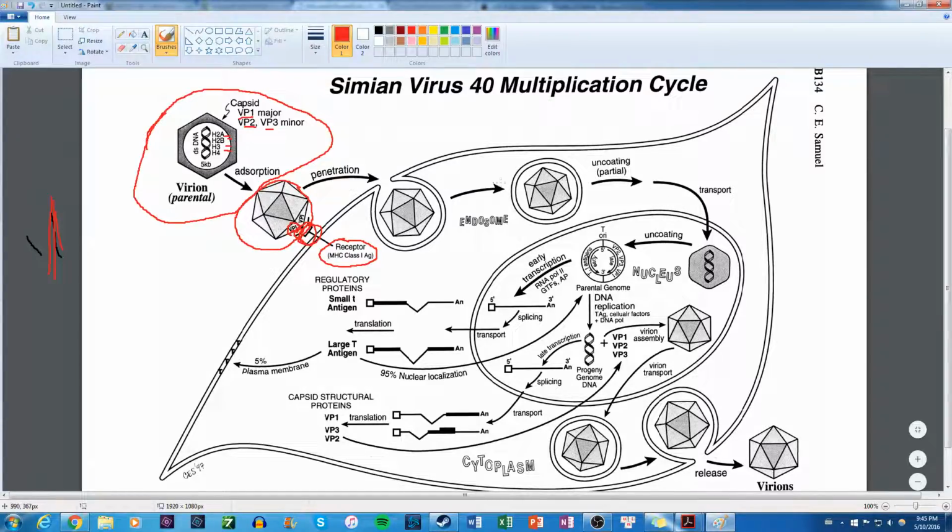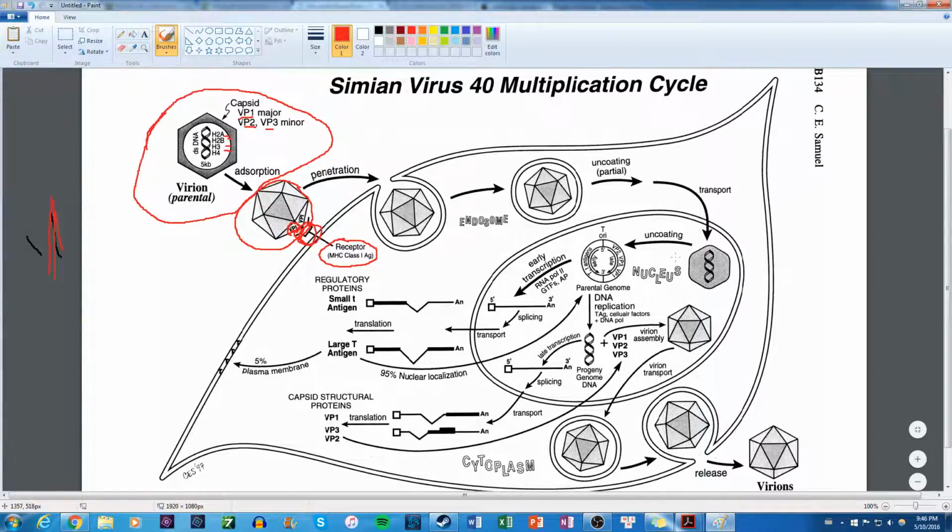Up until this point, even after it's penetrated and uncoated, it's still in the cytoplasm, but it wants to go to the nucleus in order to replicate and transcribe its DNA. So it needs nuclear localization signals. It's not shown here, but just keep that in mind. And then those nuclear localization signals finally help the virus go into the nucleus.